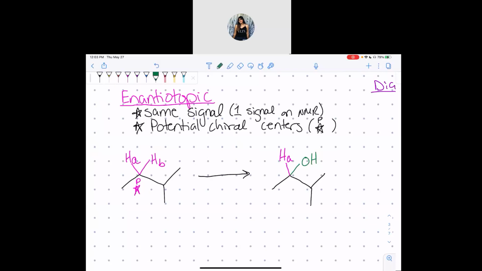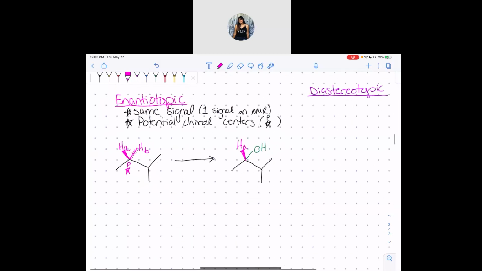Okay, so someone brought up a good point about wedges and dashes. Even though they're wedged and dashed, they're exactly the same. But the reason that our final products would be different is because here we would have one R, and as someone pointed out, the other one would be S. I don't know which one is R and which one is S, to be honest, because I didn't do it.